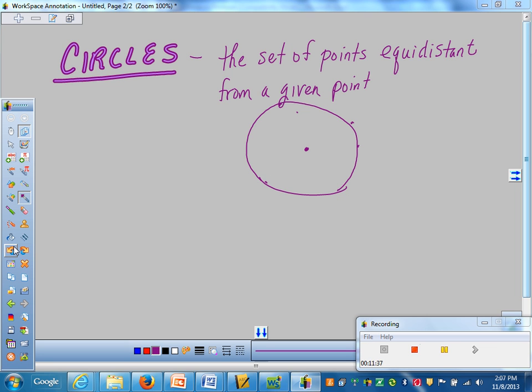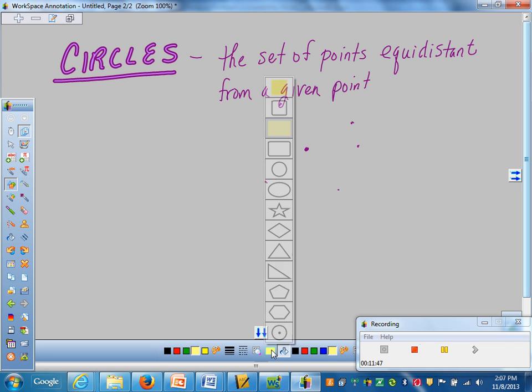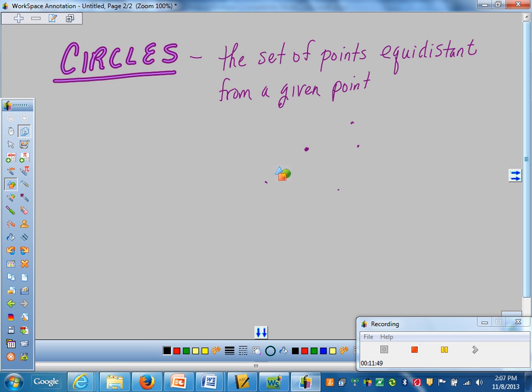That's really terrible. All right, we'll cheat. Better yet, I actually do have a circle tool. Woohoo! There, that's way better. Isn't it nice? Look at that lovely, beautiful circle.